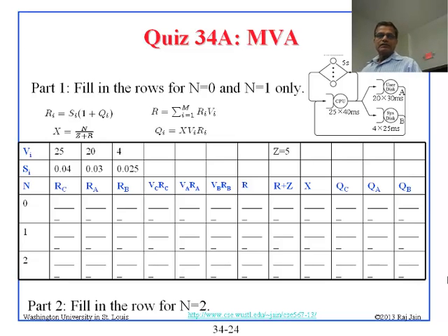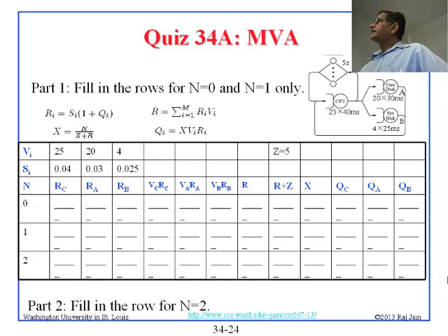Okay. So I'm asking you to do this right here in the class, one line. Okay, this is a quiz. The four formulas are given here, so you don't have to go back and forth. Ri is equal to SiQi, R is equal to sigma of Ri Bi, X is equal to N upon Z plus R, and Q. Now here are the numbers. So you know what is Si, these numbers are given here.